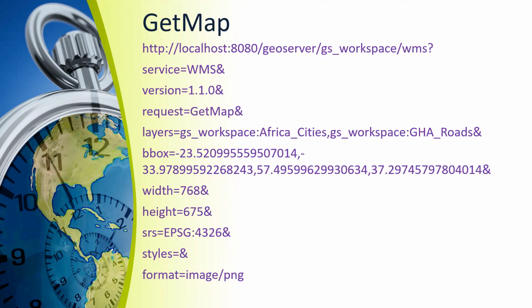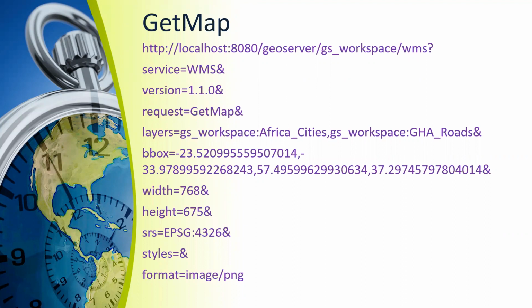And then we have the spatial reference system. In this case, it is using EPSG 4326, the WGS, World Geodetic System. Then we have the style. So the GetMap also has style, but the style is not mandatory. You notice that the style equals has nothing. It only has this and. Remember we said these ampersands are joining all these operations.